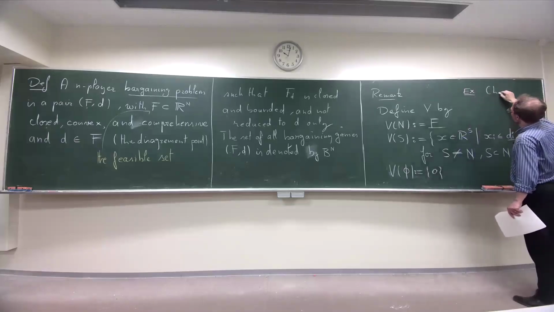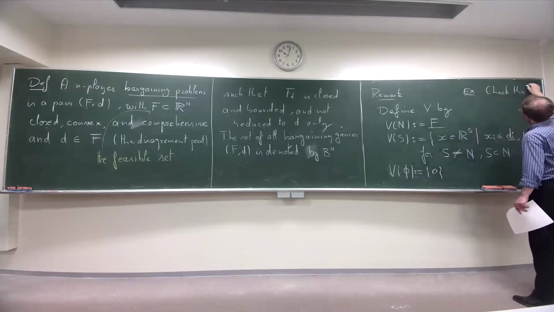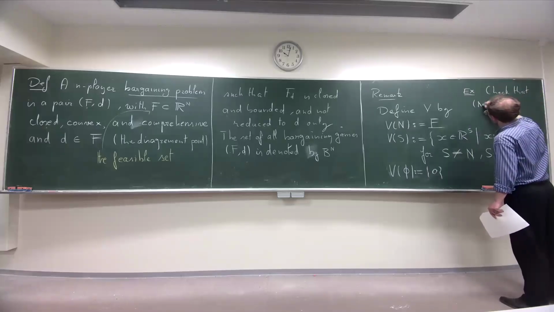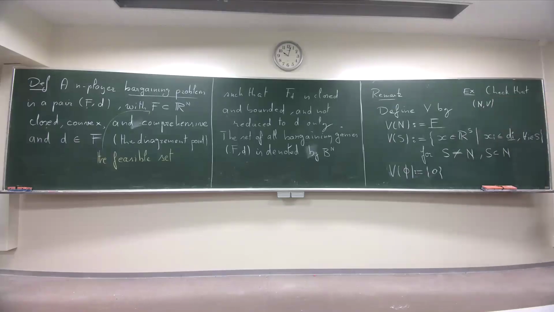Exercise: check that this (N, V), with the V I have just introduced, is an NTU game. So if you do this exercise, it means you have checked that with any bargaining problem, we can associate an NTU game. In this sense, these bargaining problems are part of the NTU games, but you can see already that they are quite simple.